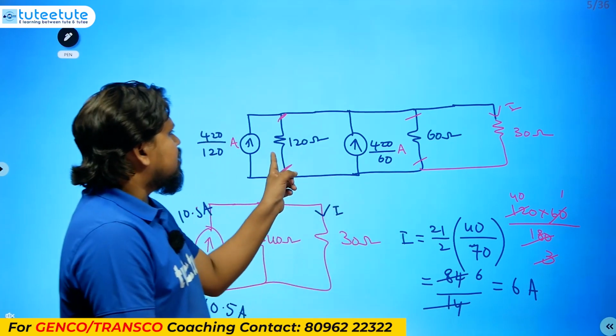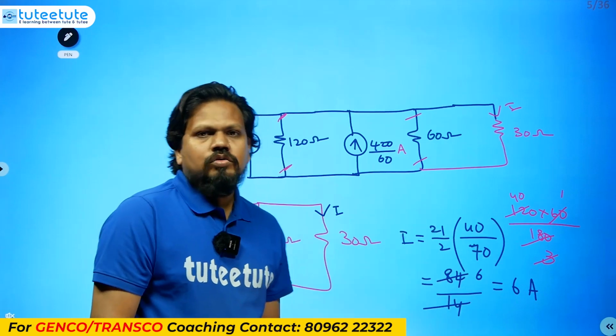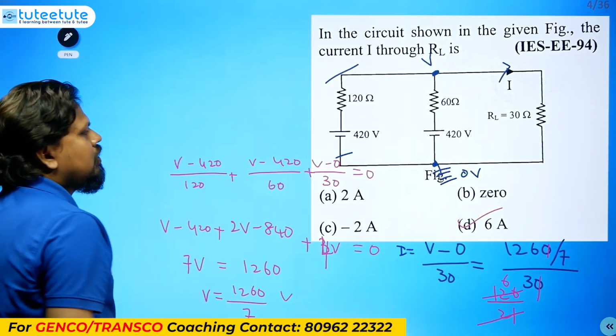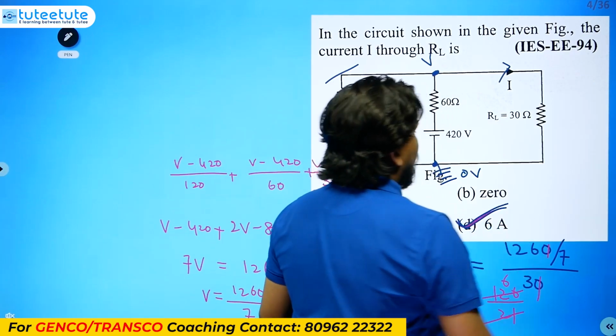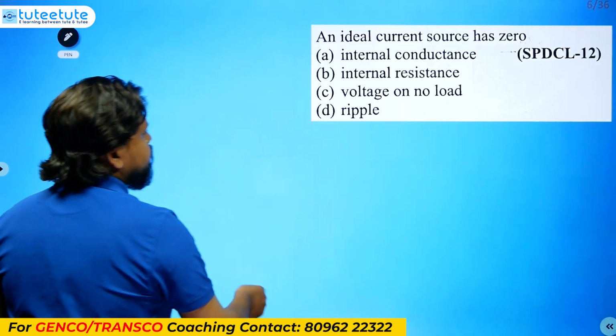And whenever two current sources are connected in parallel, how do we combine them? Anyhow, you will be getting 6 amperes as the answer. Like that we have to solve. Okay, let's see the next question.